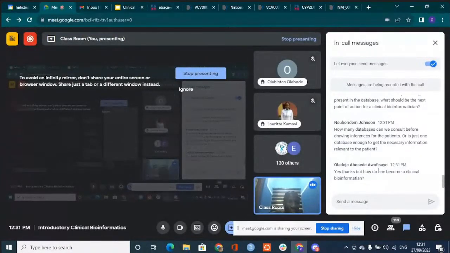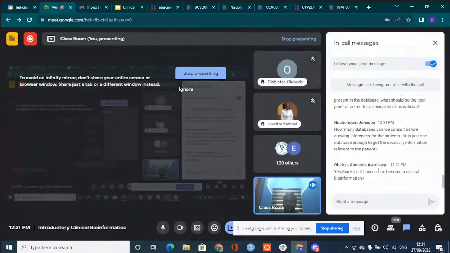So how many databases can we consult before drawing inference for the patient? Or is just one database enough to get the necessary information relevant to the patient? You need to consult different databases. But again, it's not going to be possible for you to consult all the available databases. Information is not in one place. If it were possible for all of this information to be in one place, a general-purpose database that works for our use case, I think that would be good.